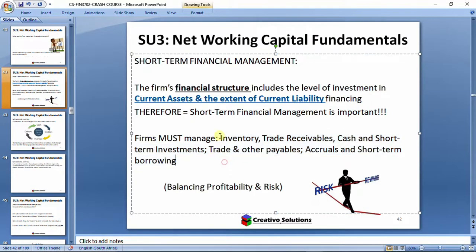Inventory, you want to sell stock quicker. Debtors, you want to collect sooner. You want lots of cash on hand. You want lots of short-term investments. Trade and other payables, you want creditors that can help you, but you want them to give you longer terms. Pay later.